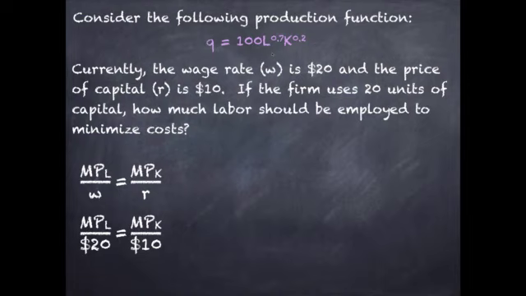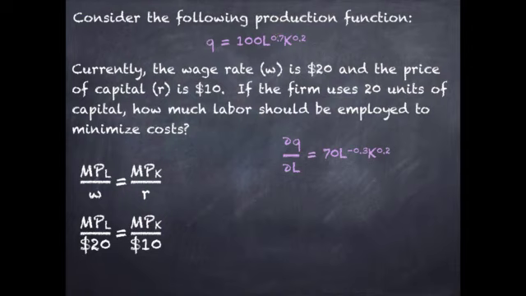So if I do that for labor, I get that the first derivative is equal to 70L to the negative 0.3 power, K to the 0.2 power. All right, and it's just a quick review. When we're taking the derivative here, we're taking the derivative of the production function with respect to L. We take the exponent on whatever we're taking the derivative with respect to and multiply that out front.